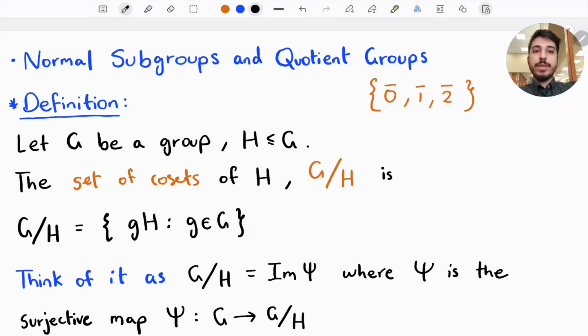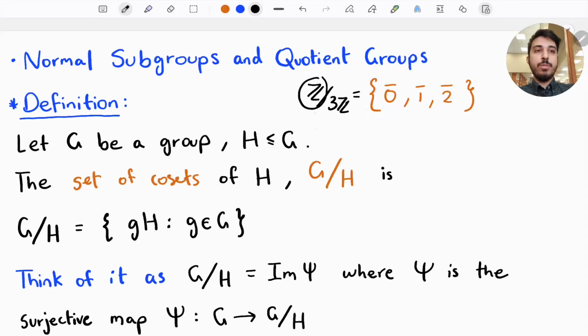So here, we're taking the cosets of H as g goes through the entire group. So the set of cosets Z/3Z is equal to 0 bar, 1 bar, 2 bar. 3 bar, 4 bar, 5 bar, all of these others are equal to one of those 3 elements. Therefore, this set is a finite set.